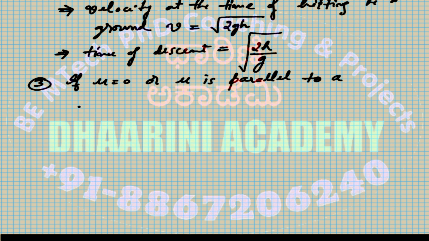If somebody asks you to find the distance or the displacement, you use the same equation: s is equal to ut plus half at square.